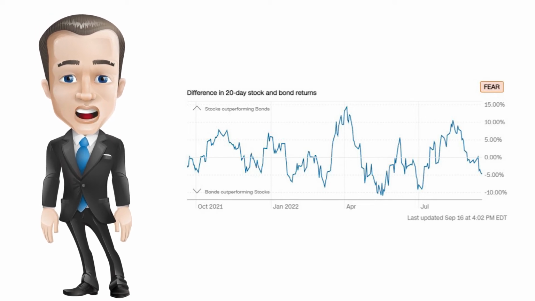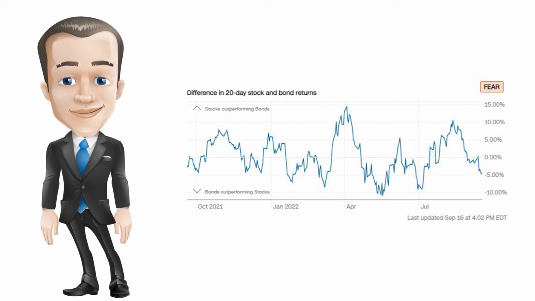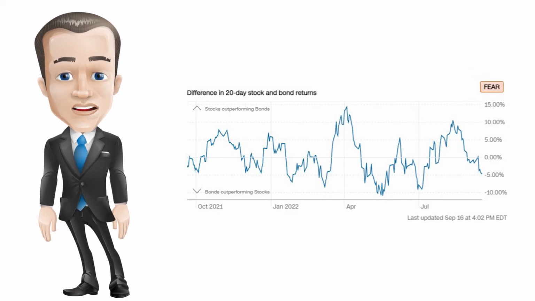Let's look at one of their charts. As you see, when stocks are outperforming bonds, the number will be higher, and when stocks are underperforming bonds, the number will be lower. The lower numbers in April helped us time the change in the market and go long.